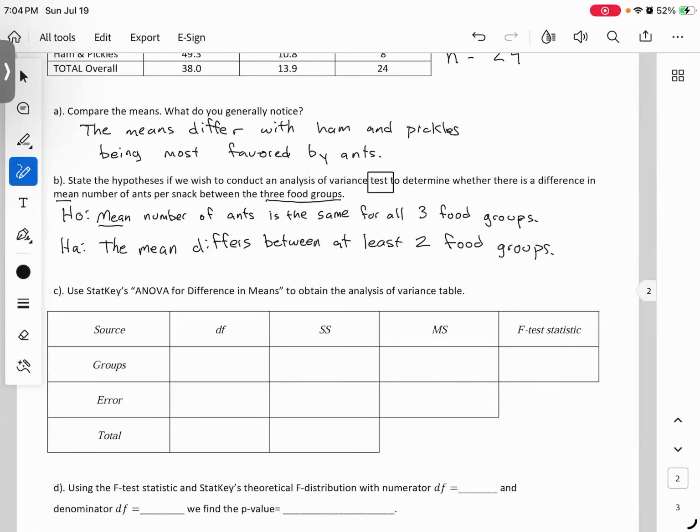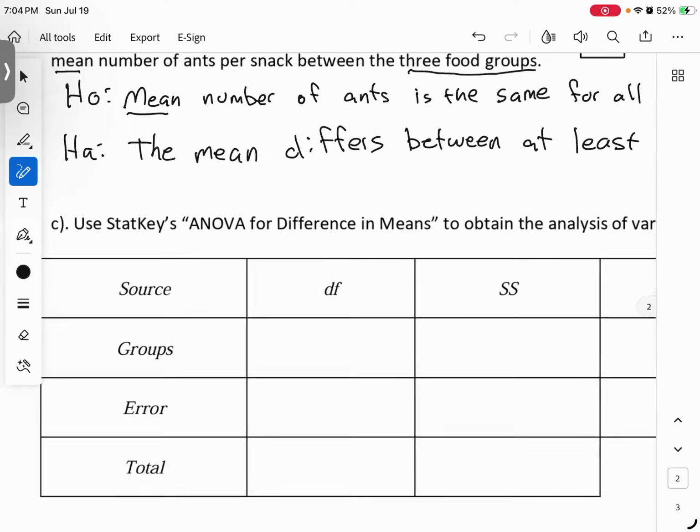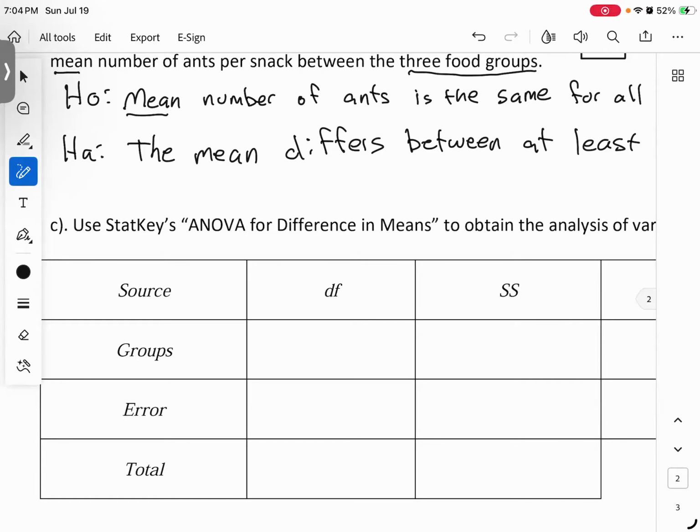Now, I want to first do this example where there's nothing on the ANOVA for us, and it's going to be strictly something that we're going to rely on StatKey to do. I might right now be using a slightly older version of this lecture note as opposed to the one that you have here. But there is one about ants and this food, and we're going to go to ANOVA for difference in means to find it.